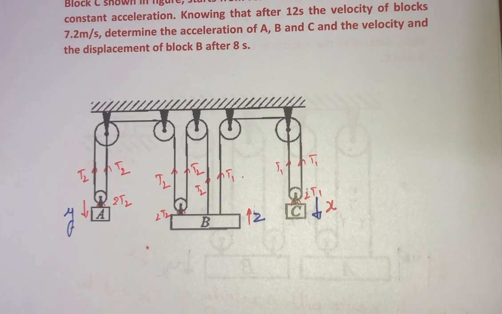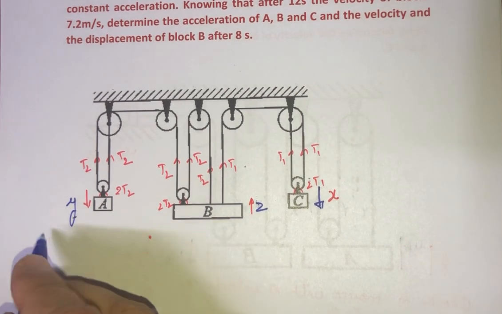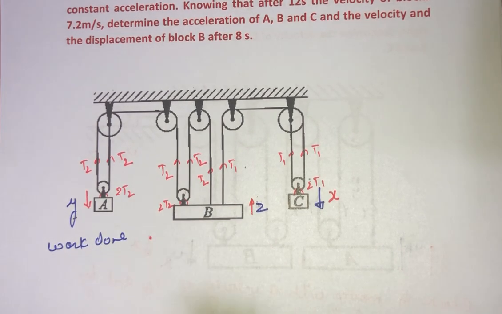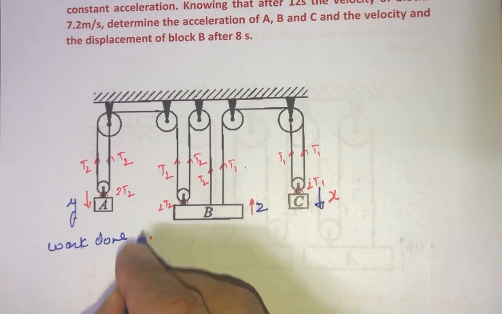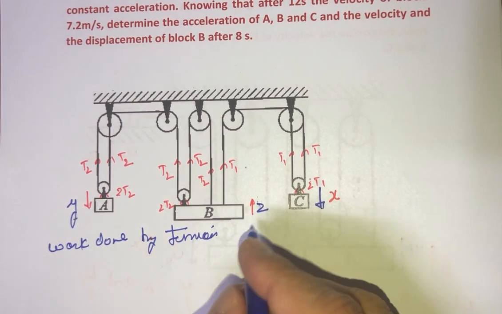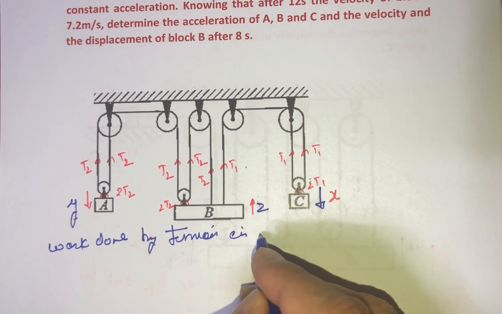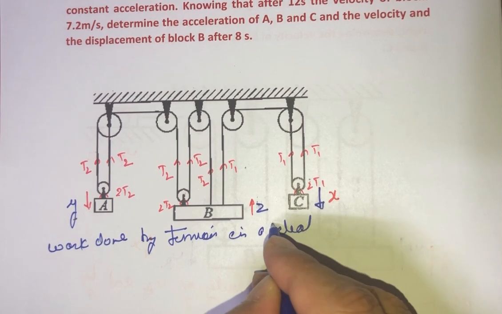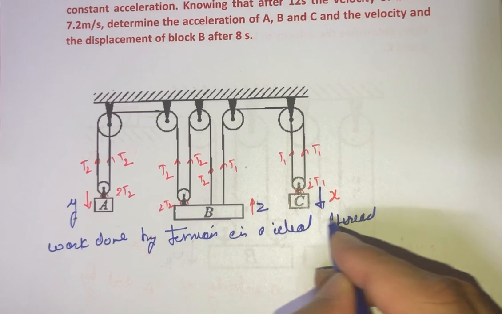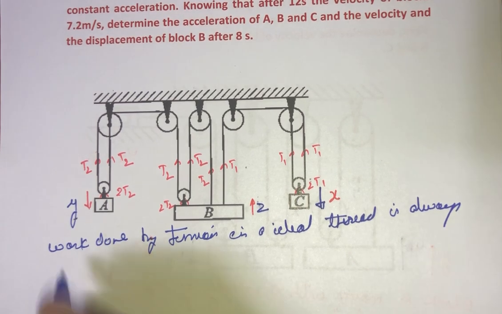So it means by work energy principle we can say that work done by tension in an ideal thread is always 0.